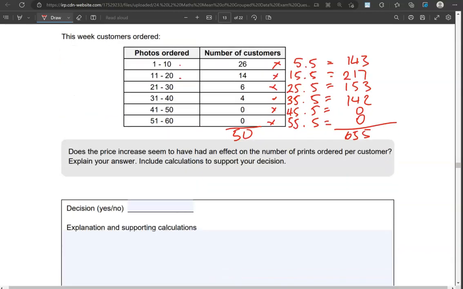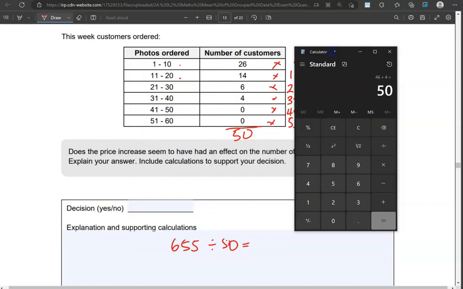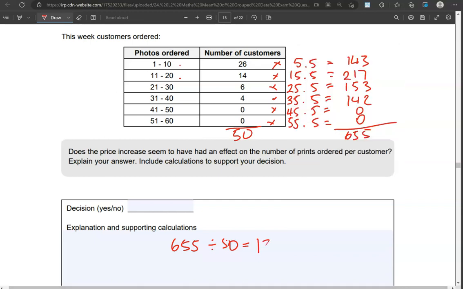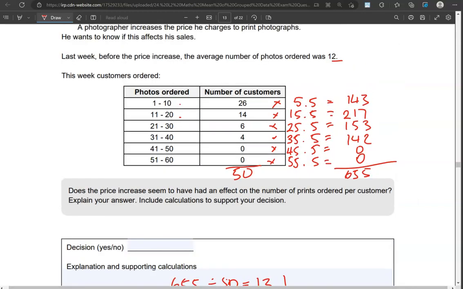So we'll do 655 divided by 50, which is 13.1. So comparing that to 12, it is higher.